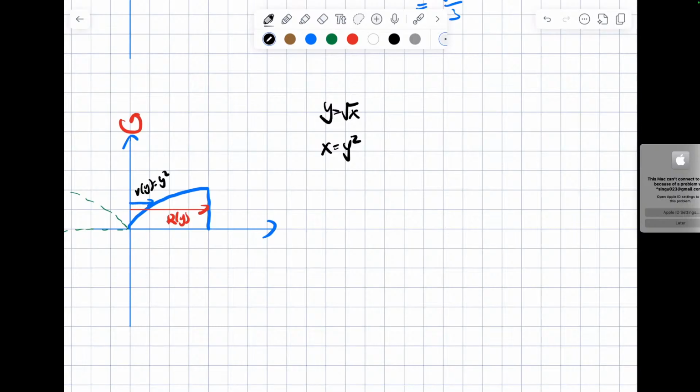Why is it 0 to 2? You look at the y value and you stop right here. You stop taking the integral right here, because you only rotate from this piece to this piece, right? So it's going to be pi integral from 0 to 2. You know why 0 to 2? Because this is where we stop. This is c to d, right?